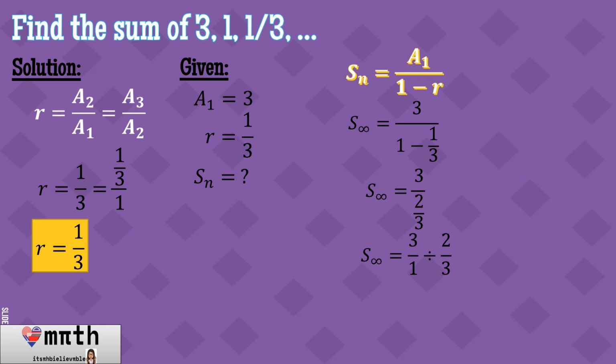So, solving that one, that would be equal to 9 over 2, or in decimal form, 4.5. So, the value of the infinite geometric series for 3, 1, and 1/3 would be either 9 over 2 or 4.5.